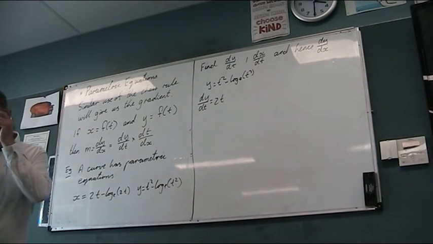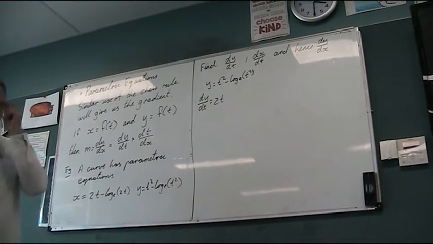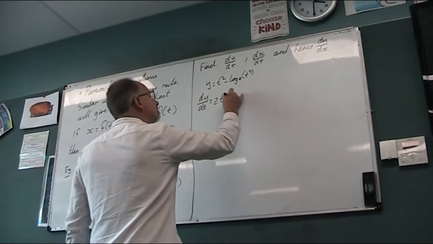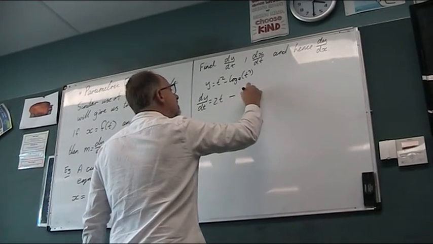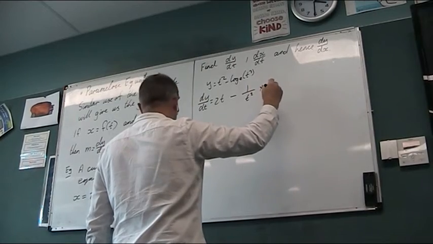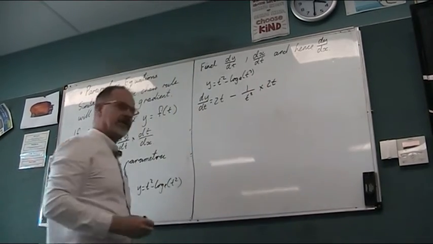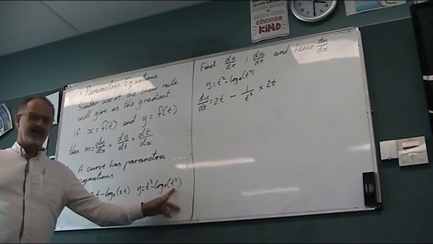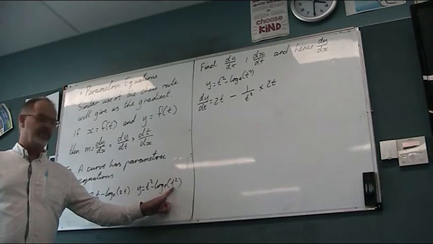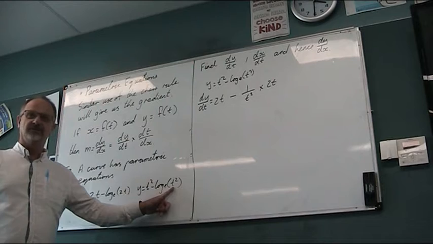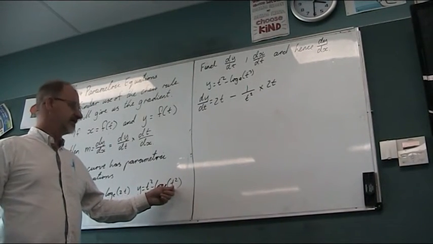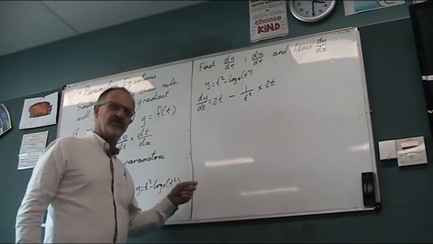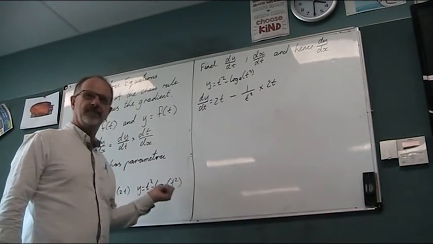So dy/dt is 2t minus 1 on t squared times 2t. Because it's a log of a t squared function, we have to use the chain rule. Remember the shortcut of the chain rule? In this case, the derivative of log is 1 over t squared, and then for the other bit of the chain rule, you times by the derivative of what's inside that bracket, yeah?